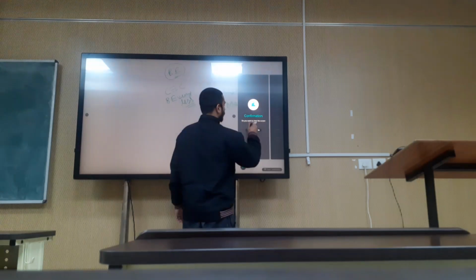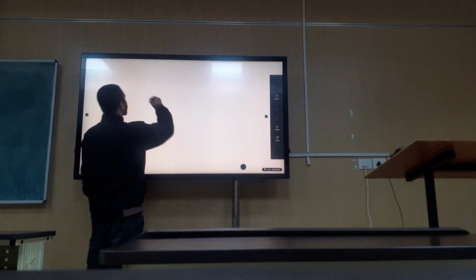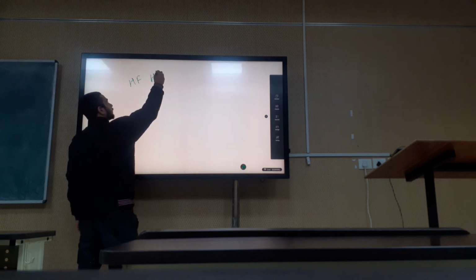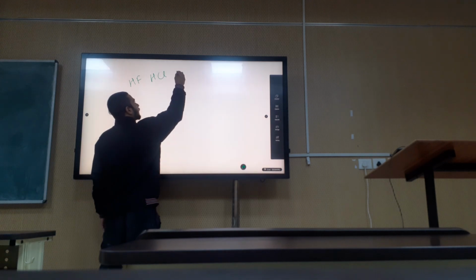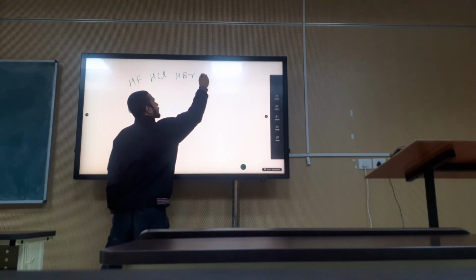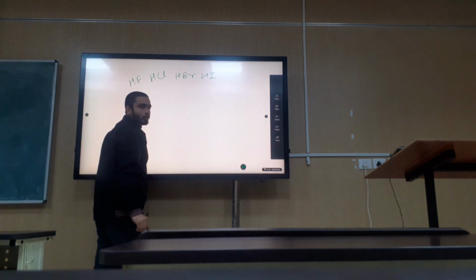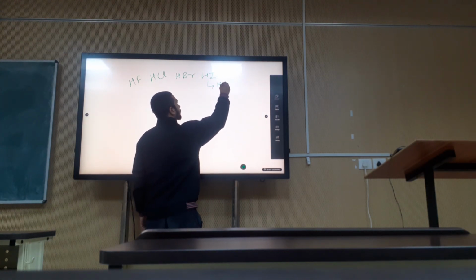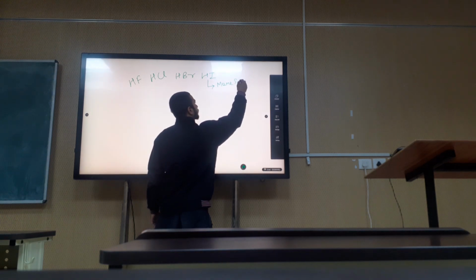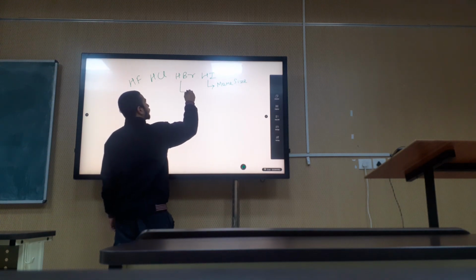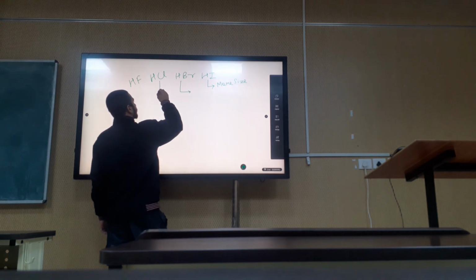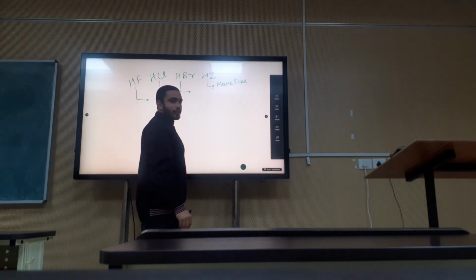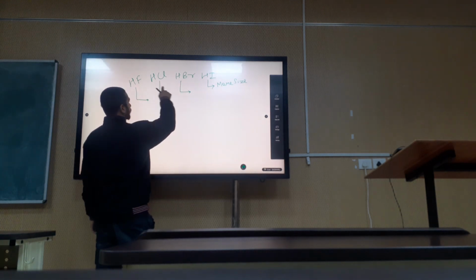There are some more cases. For example, hydrogen fluoride HF, HCl, HBr, and this is HI. As we know, iodine has a larger size, bromine is further smaller, chlorine is further smaller, and fluorine has the smallest size among these halide atoms: fluorine, chlorine, bromine, iodine.